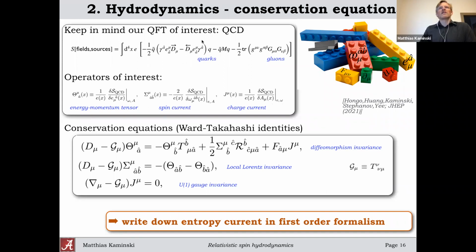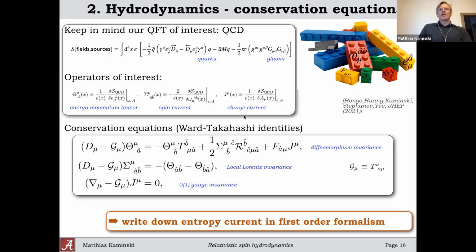The quarks carry spin, and there will be a coupling here between spin and orbital angular momentum, and in particular here's the mass term which contributes to the linear momentum, or let's call it orbital angular momentum. So you see there are terms that couple spin and orbital angular momentum in this action, and the operators that we're interested in.